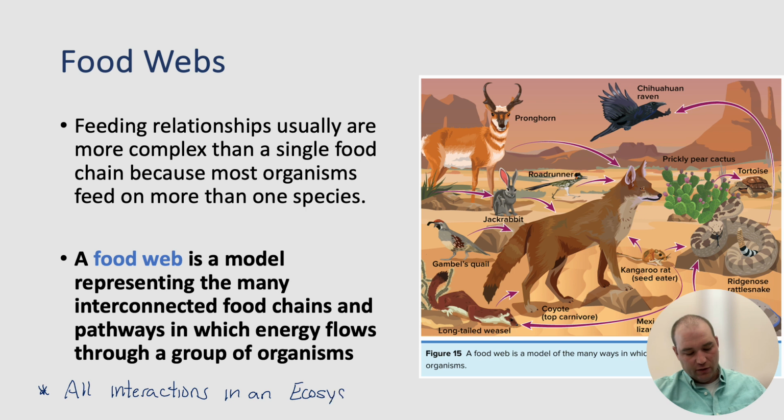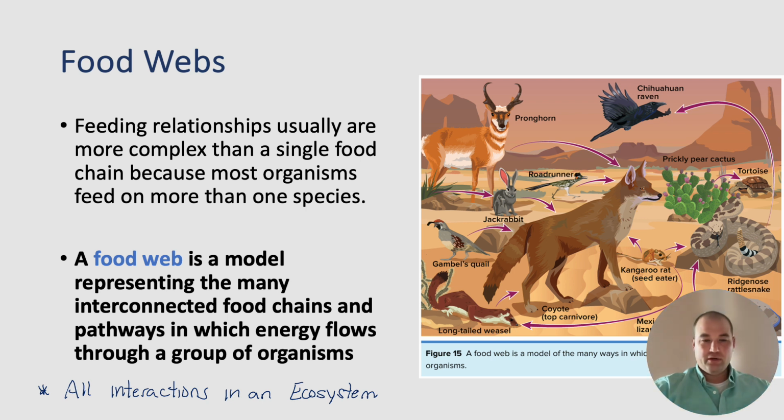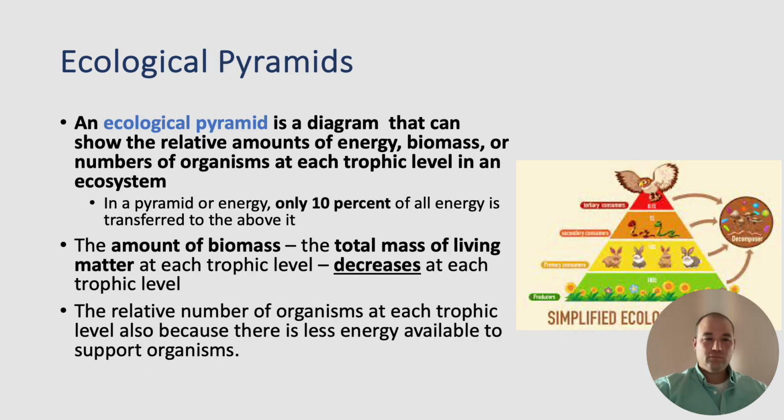So it's not just showing one oversimplified approach, it is showing all interactions. And if you take notice here, these arrows are pointing in multiple different directions. So as we are pointing in multiple directions, you notice that multiple things could eat a specific animal.